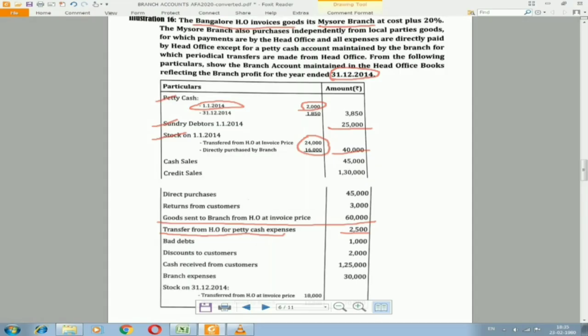As you can see in the starting sentence, they have said that petty expenses will be paid by the head office periodically. That periodical payment they have mentioned here. That is the reason these petty expenses which will be paid by the head office itself, we are supposed to take on the debit side under bank account.